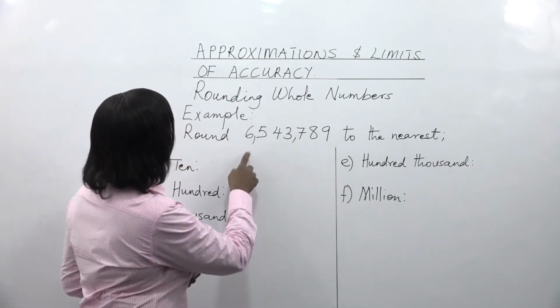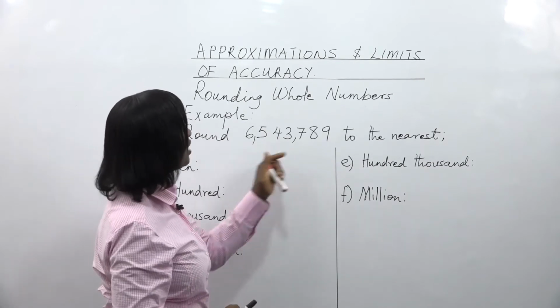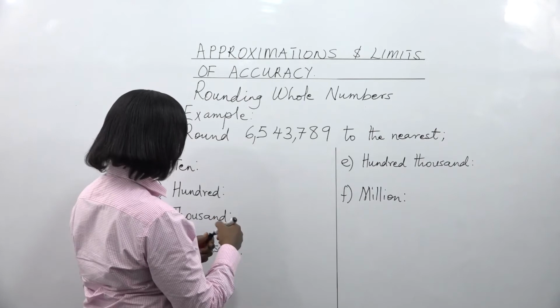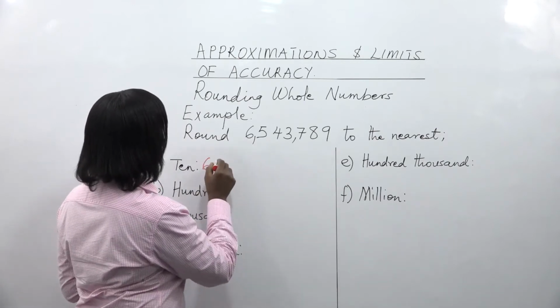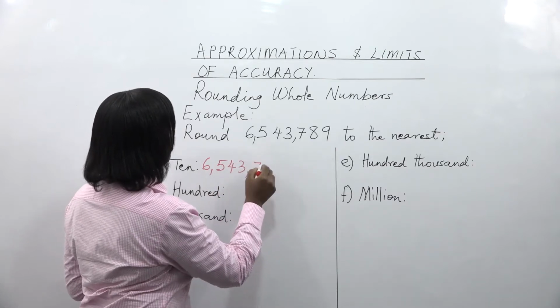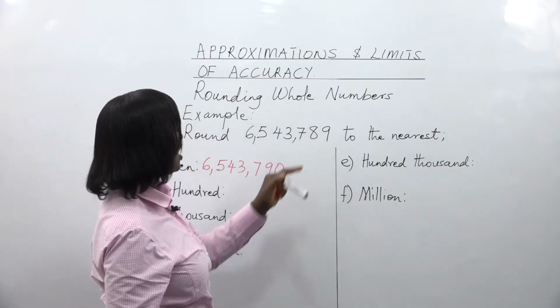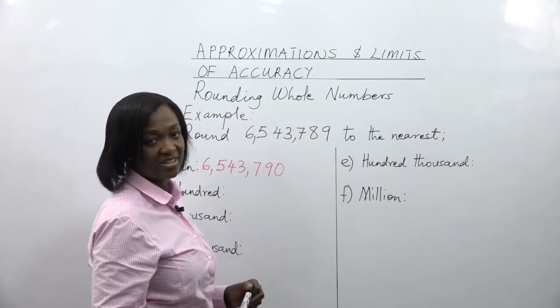So 6,543,789 to the nearest 10 is actually 6,543,790. We all know that 89 is closer to 90 than to 80.